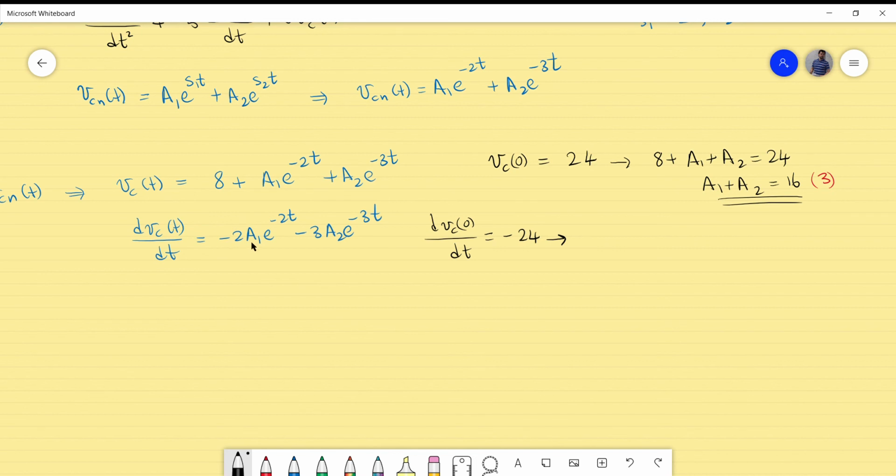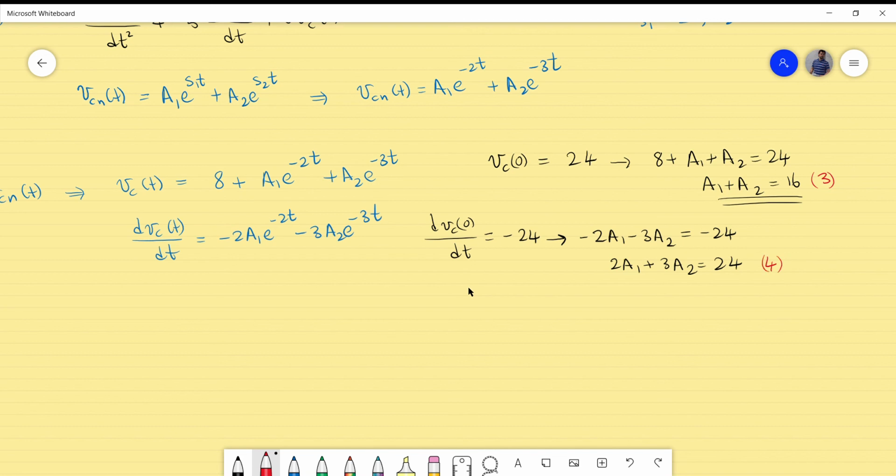So I will get minus 2a1 minus 3 times a2, and this will be minus 24. If you multiply by minus 1 left and right side, you will get 2 times a1 plus 3 times a2. That will give us 24, and I will make this equation number 4.